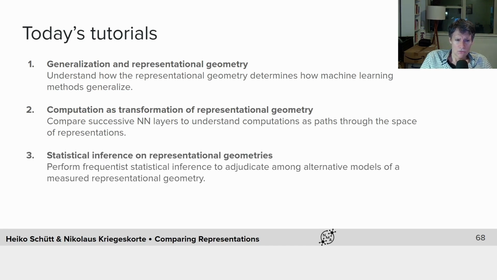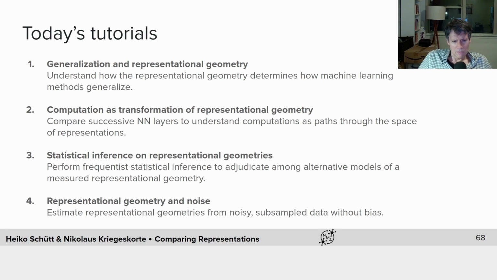You're going to try out statistical inference on representational geometries, and you're going to explore representational geometry and noise and see how the error covariance can be used to normalize the data, and you can measure the distances in a way that reflects the discriminabilities, and you can also remove the bias of distance estimates.